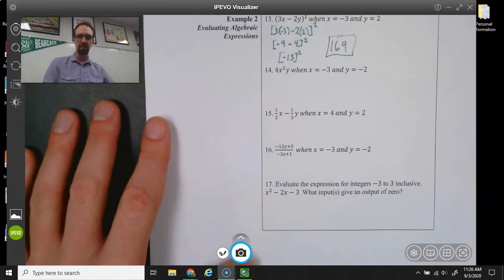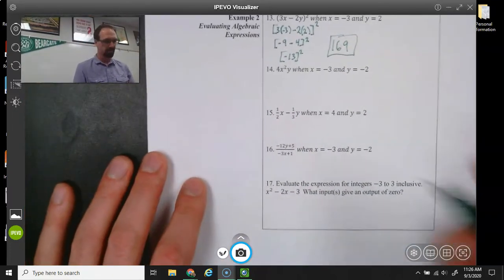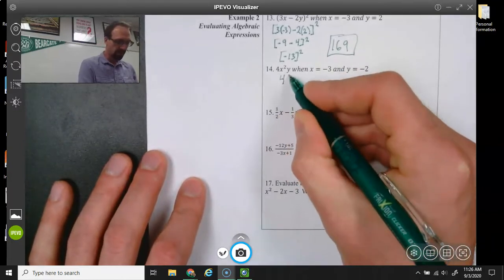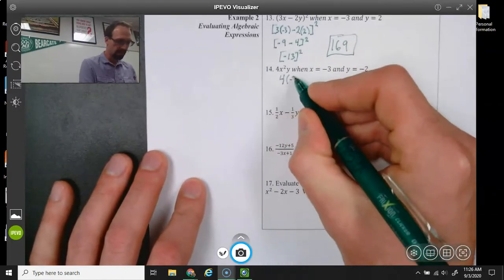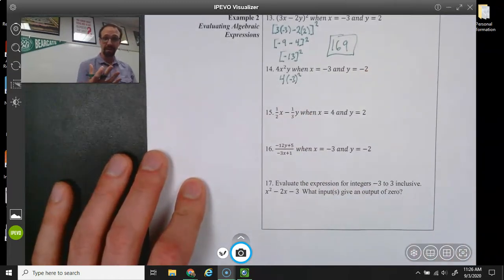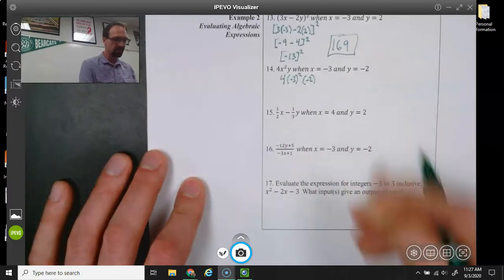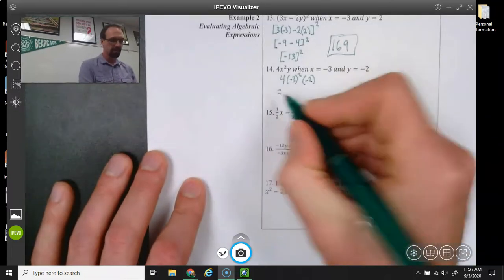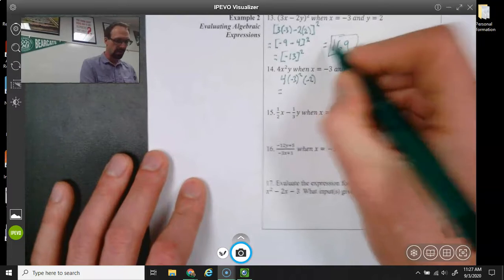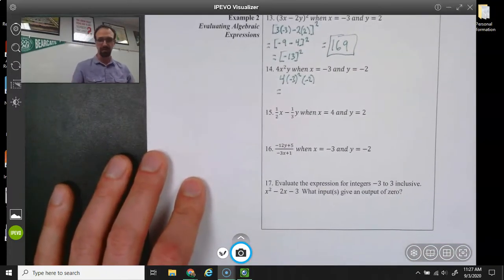For the next one, number 14, it says 4x squared y when x equals negative 3 and y equals 2. So if I, again, plug in or substitute, I have 4 and then parentheses, negative 3 quantity squared. Notice that negative 3 is the entirety of negative 3 in the parentheses, and then times negative 2. So following through my order of operations, I'm going to be a good mathematical role model and put equal signs in front of these to show that this is equal to the previous line.